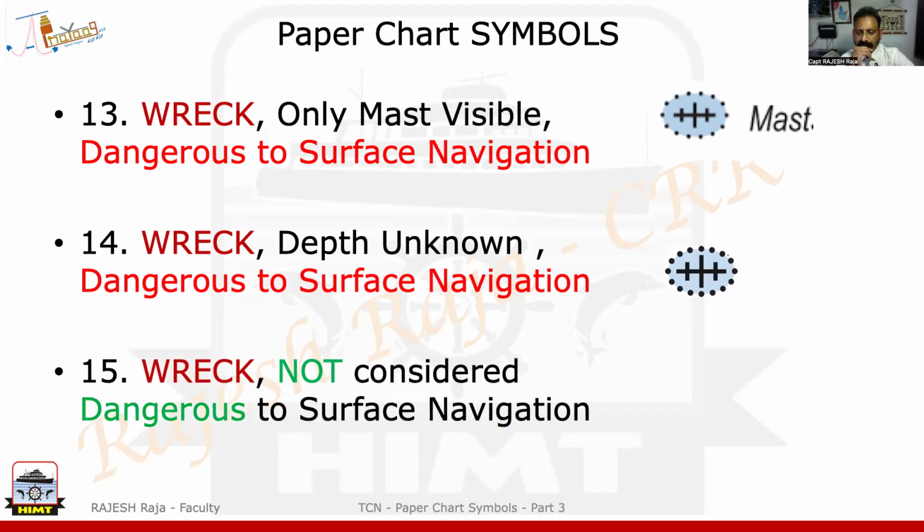Now, any wreck which is considered quite deep and not considered dangerous for surface navigation will be a repeat of this symbol, except that you will not have that dotted boundary with it. So this symbol also. Right now, nothing is mentioned about the depth. So it is considered deep, but I still suggest any prudent navigator, please don't plot over this also just because it is not dangerous.